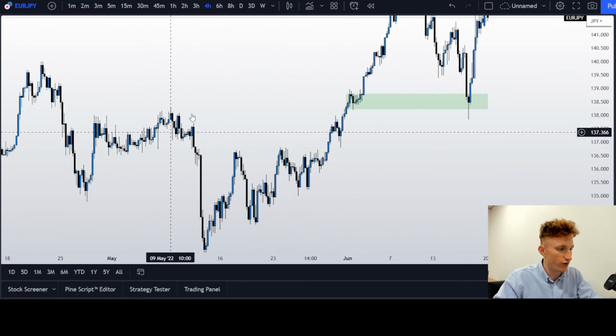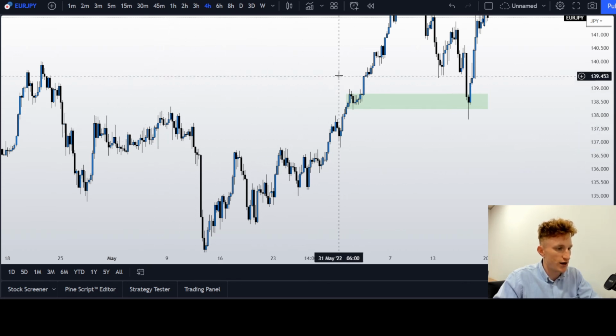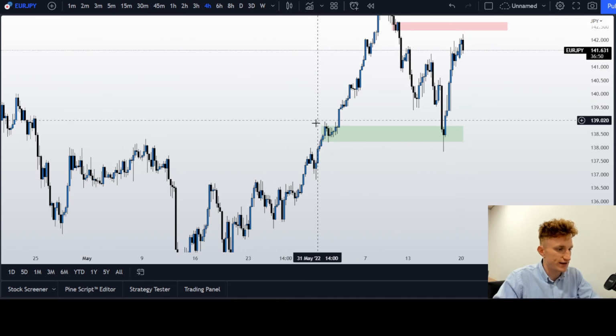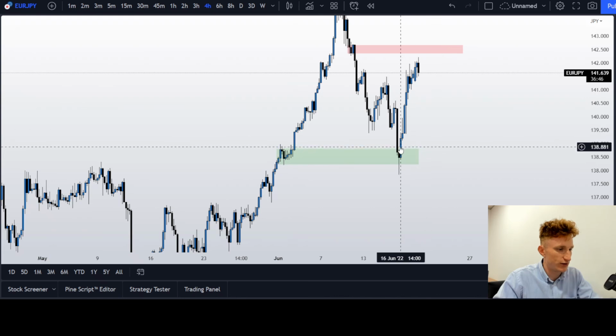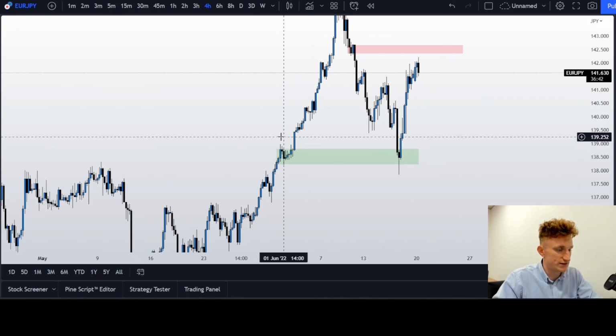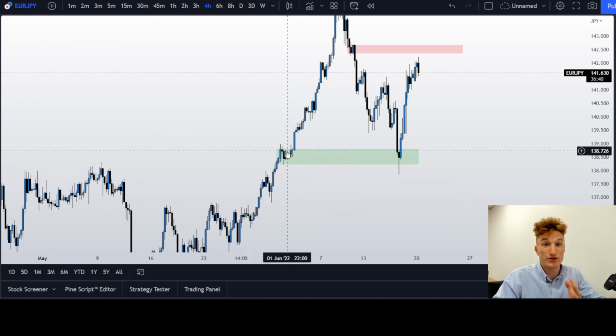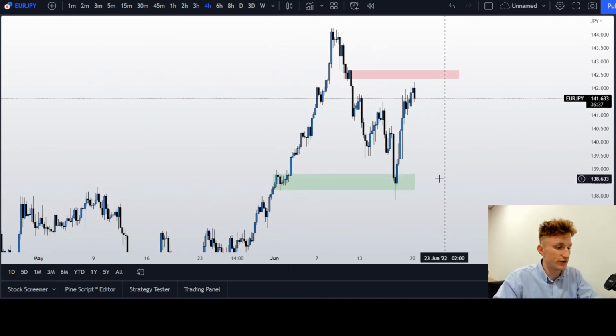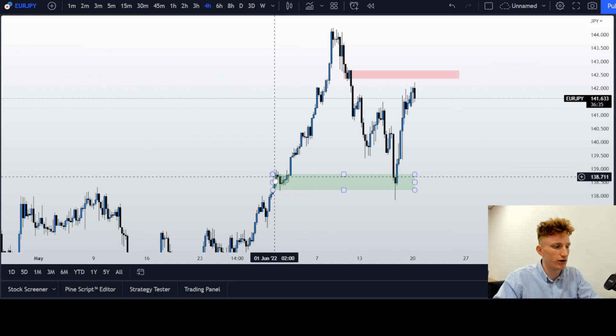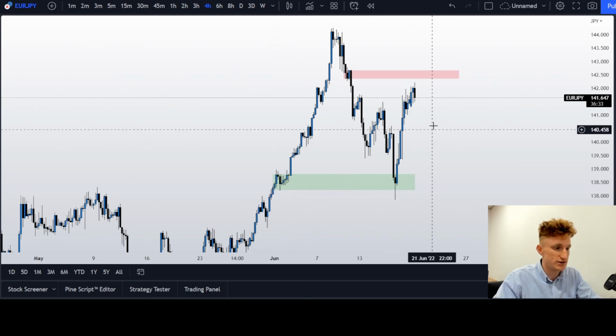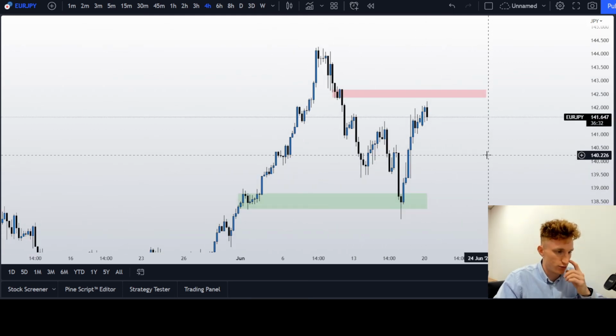We didn't respect it, we broke the structure, and this was my last point of interest. But the fact that we sought through this institutional area means that we are now bearish. The bulls are no longer being respected, so I'm now mindful of some more bearish momentum.